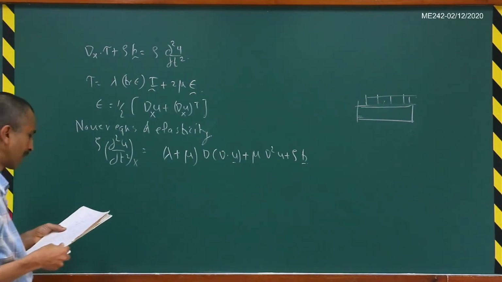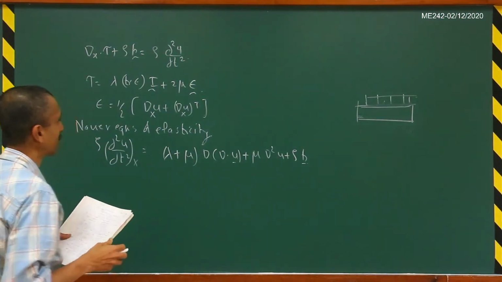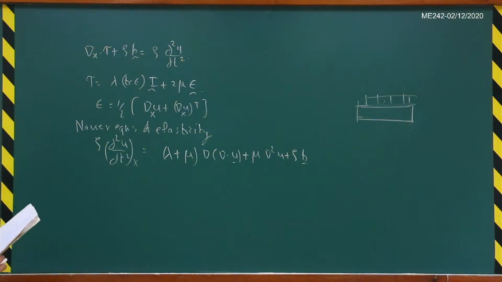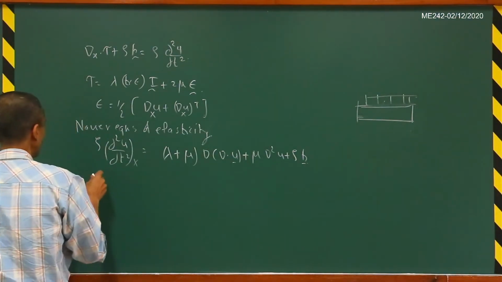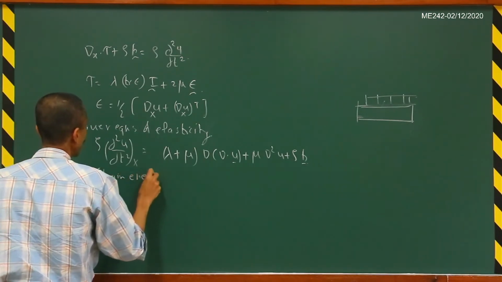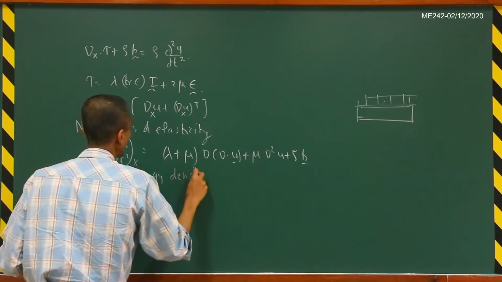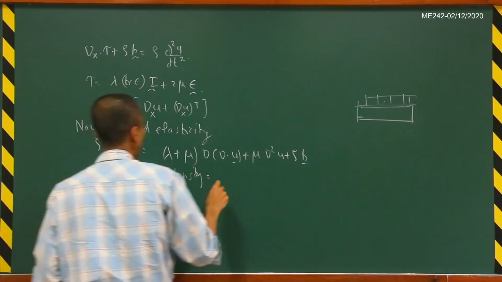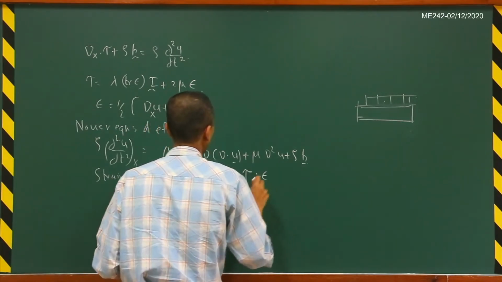Fine. Then now let us look at the idea of a strain energy. So this strain energy is defined in the following way. First let us define the strain energy density. That is equal to half of tau inner product epsilon.